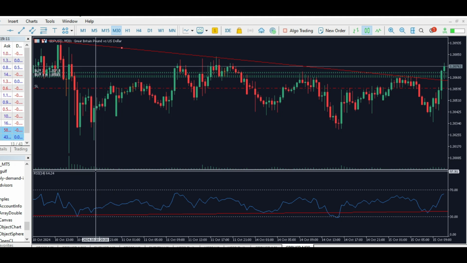So I can assume that institutional traders try to defend the 1.3 price level. Because of that, in the last 5 days we had a strong push up whenever we touched some kind of low. It was an early detection, early signs of this breakout.